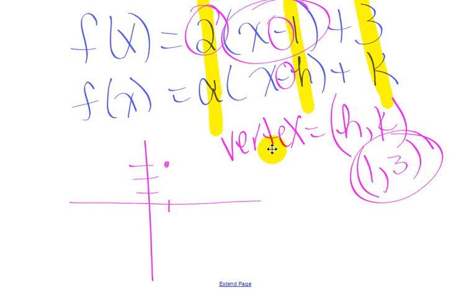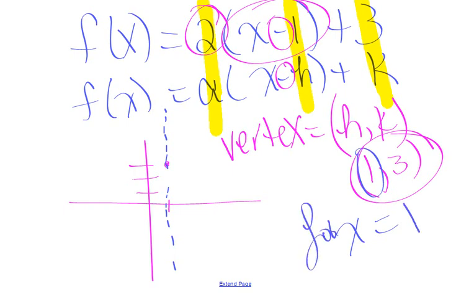So if this is my vertex, it also means I'm going to have a line of symmetry running straight through there. So we know our line of symmetry is what? x equals, it's the h value. So that's my line of symmetry. Now, I've got a very wavy line, so go with that.